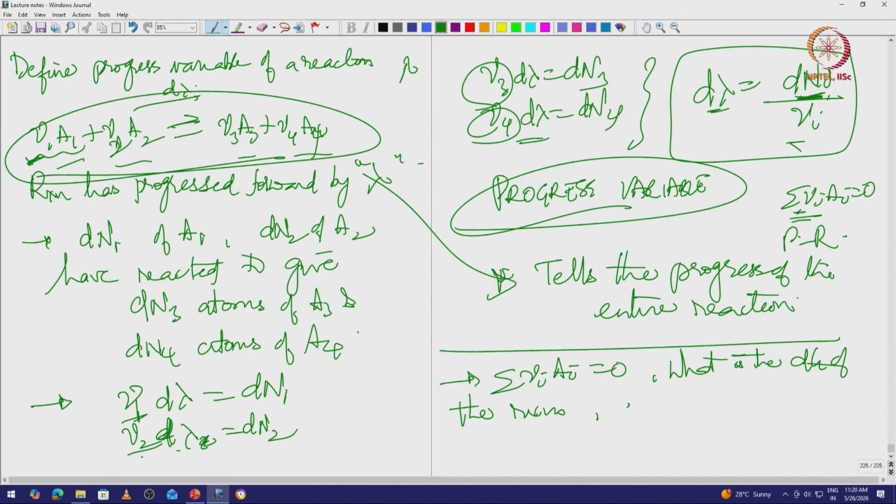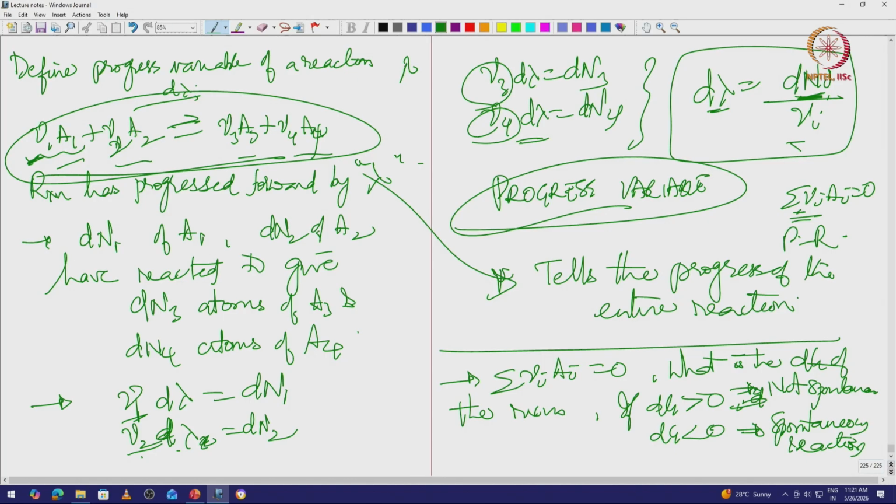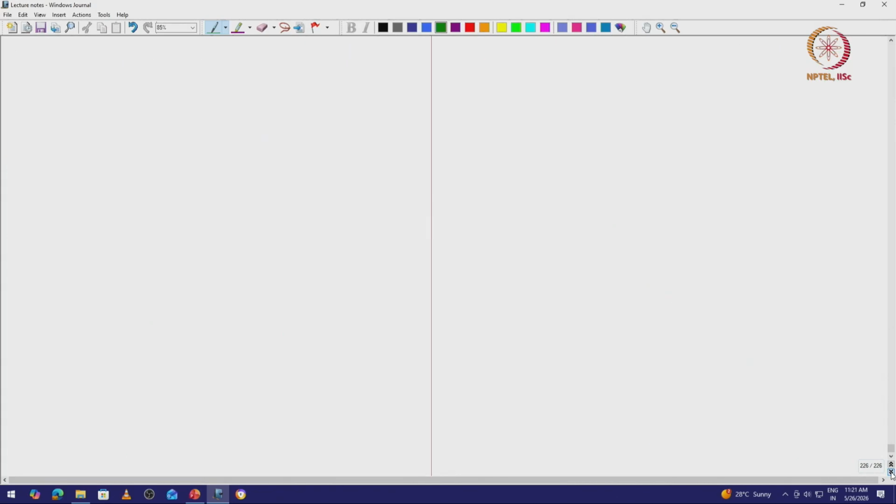If dG is greater than 0, the reaction is not spontaneous, right, and if dG is less than 0, thermodynamically my reaction wants to go in that direction, right. So this will be a spontaneous reaction. It will just spontaneously react, so that thermodynamically I want to make dG as close as possible to 0, right. So I have some driving force for the reaction to happen.